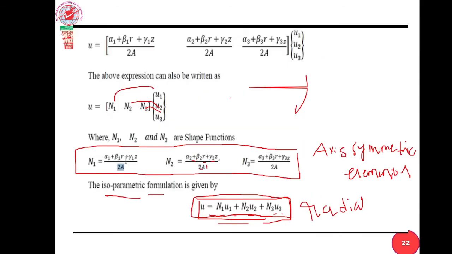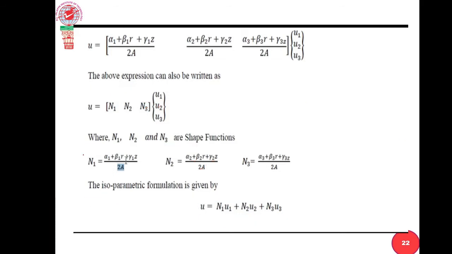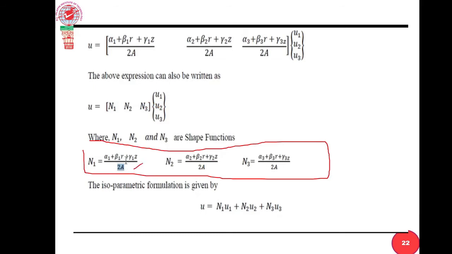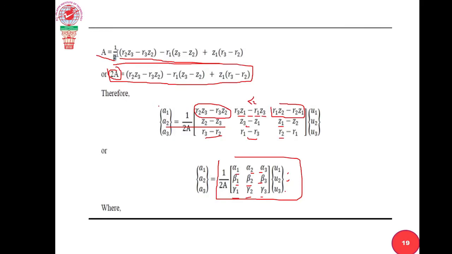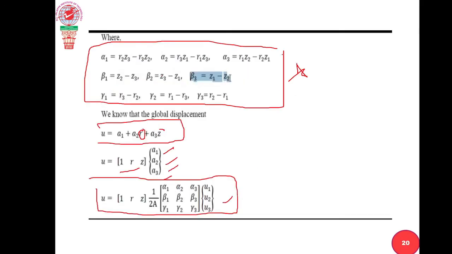Yeah, that's all. So finally, we derived the shape functions, that is N1, N2, N3. What does N1 mean? You have to memorize this. N1 means alpha 1 plus beta 1 r plus gamma 1 z divided by 2A. N2 is this much and N3 is this much. And what do alpha 1, beta 1 mean? You have to memorize this: alpha 1, beta 1, gamma 1, alpha 2, beta 2, gamma 2, alpha 3, beta 3, gamma 3 values.